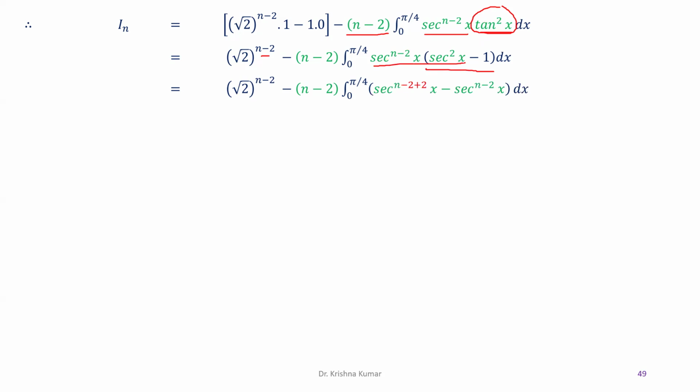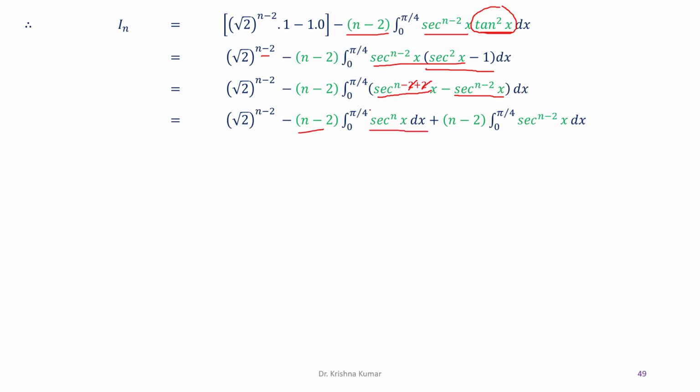Now if we open the bracket, it is sec to the power n minus 2 plus 2 x minus sec to the power n minus 2 x. So the minus 2 plus 2 will cancel, and we have root 2 to the power n minus 2 minus n minus 2 integration under the limit 0 to pi by 4 of sec to the power n x dx. This minus and minus will become plus n minus 2 integration of sec to the power n minus 2 x under the limit 0 to pi by 4.